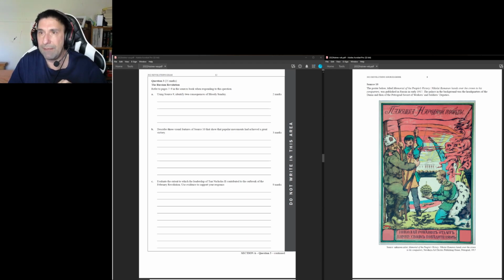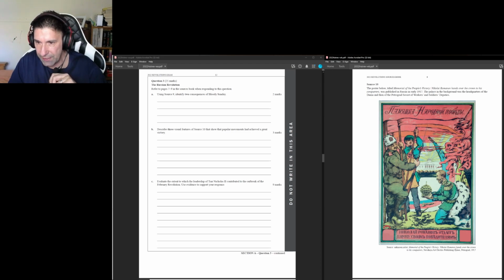So the palace there is the headquarters of the Duma and the Petrograd Soviet of Workers and Soldiers Deputies. It's the Tauride Palace, I believe. You can see here Nicholas, the Tsar, kneeling and presenting his crown to the Russian people.